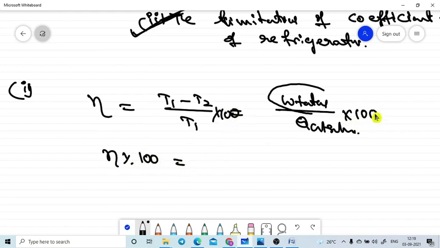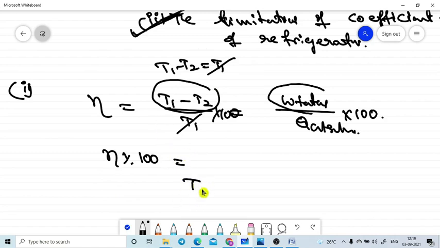I am multiplying by 100 to get the percentage. When this value becomes 100%, T1 minus T2 becomes T1 only, then T1 cancels and we get 100% efficiency. But for T1 minus T2 to equal T1, T2 must be 0 Kelvin.